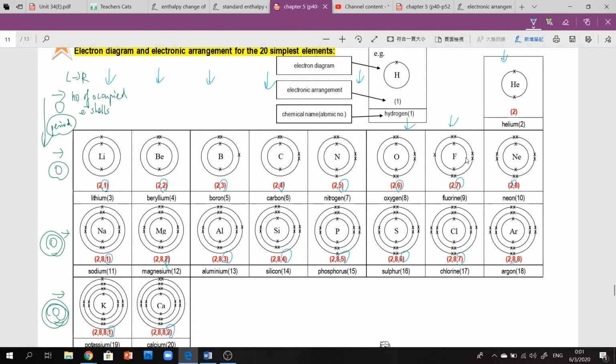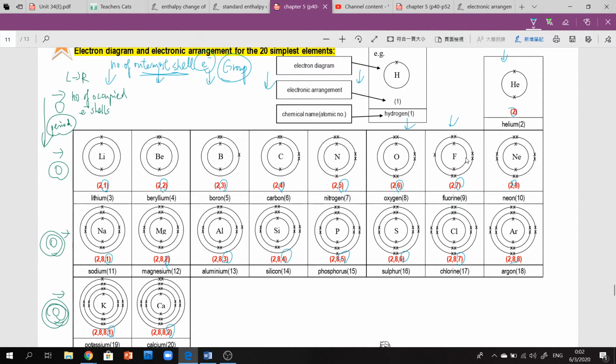So if I take a look on this side, we will call that the number of outermost shell. Outermost shell means the last shell to be occupied with electrons. The electrons are the same. So we will call this downward the same group.